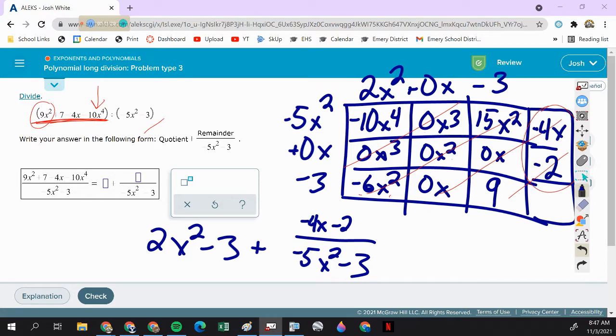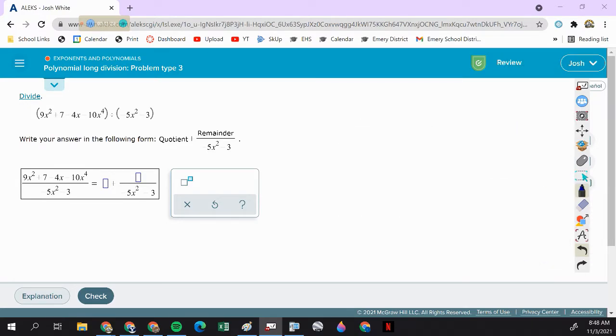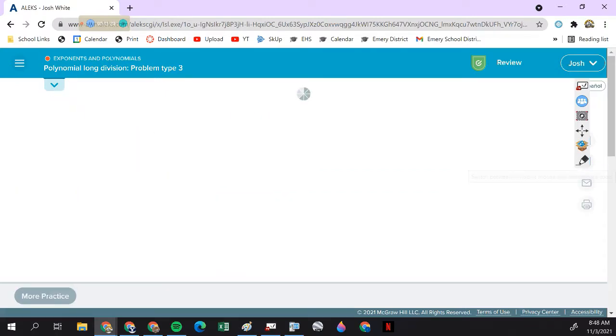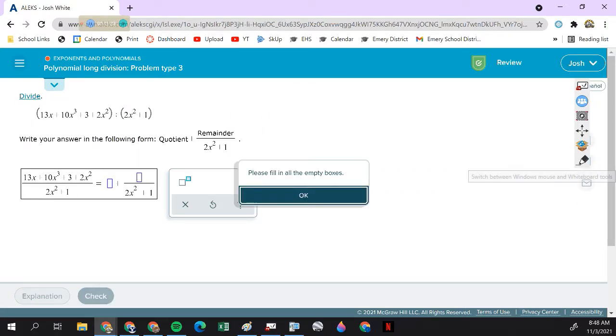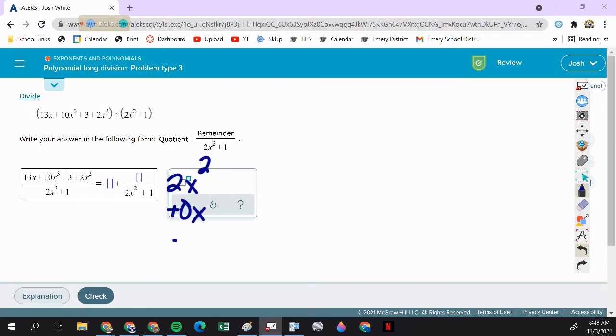Let's do another one. Okay. So the left side is 2x squared plus 0x plus 1.